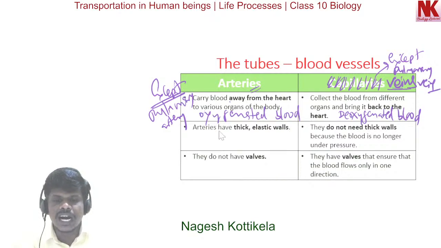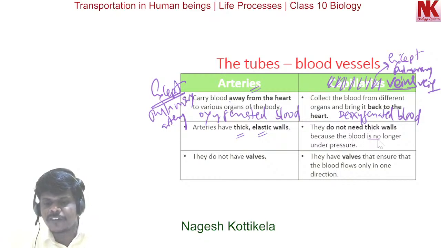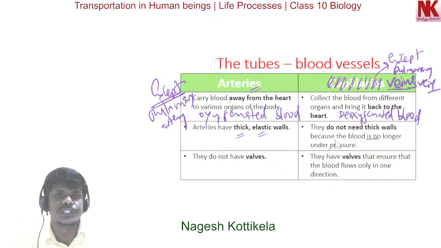Arteries have thick, elastic walls. Veins do not need thick walls because the blood is no longer under pressure. I repeat this once again: arteries have thick and elastic walls, and veins do not need thick walls because the blood is no longer under pressure.